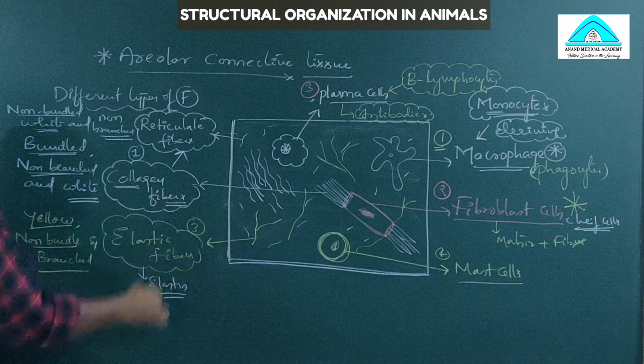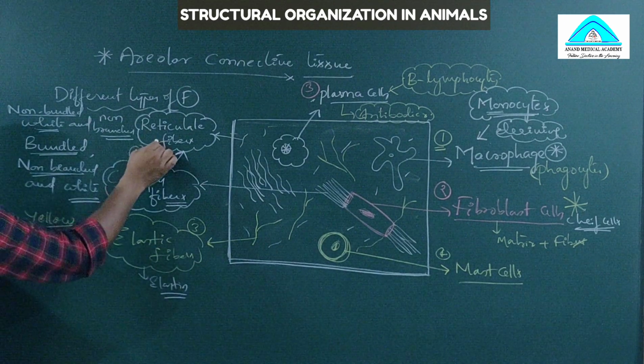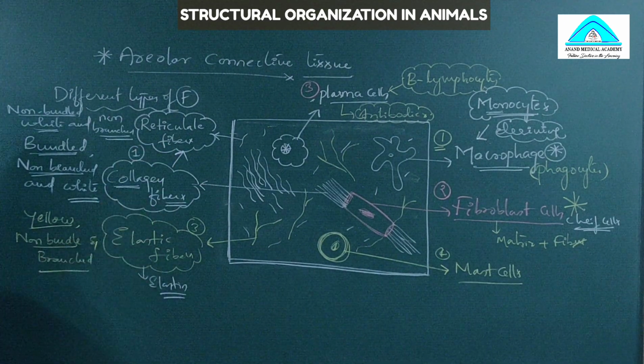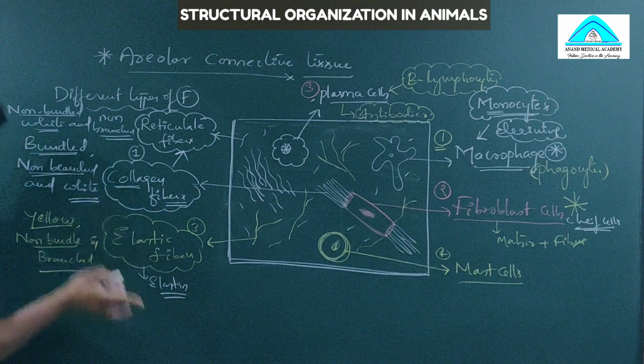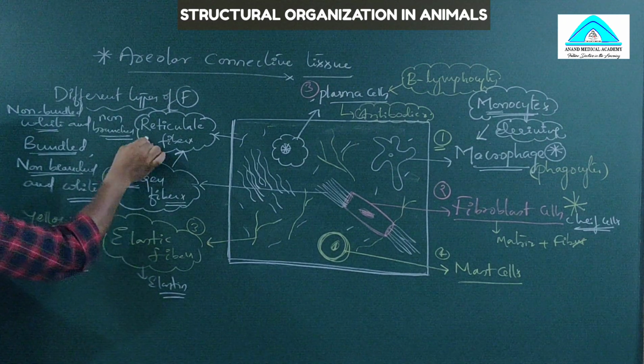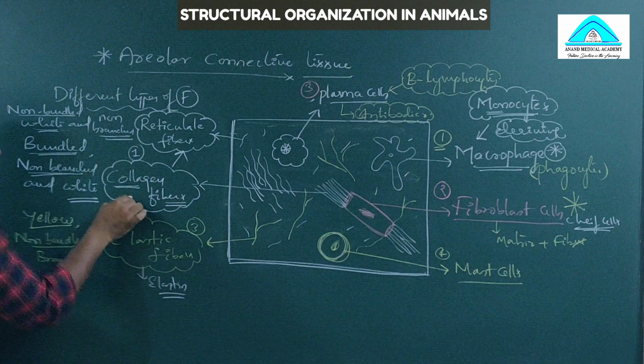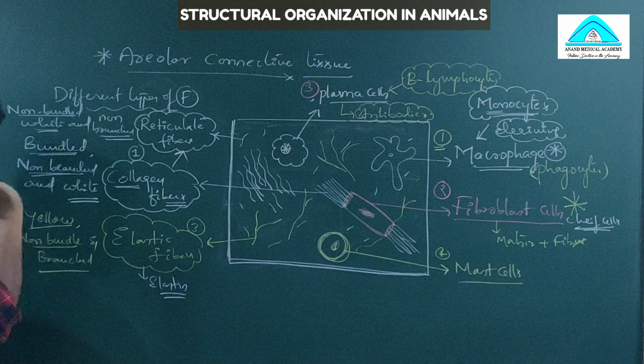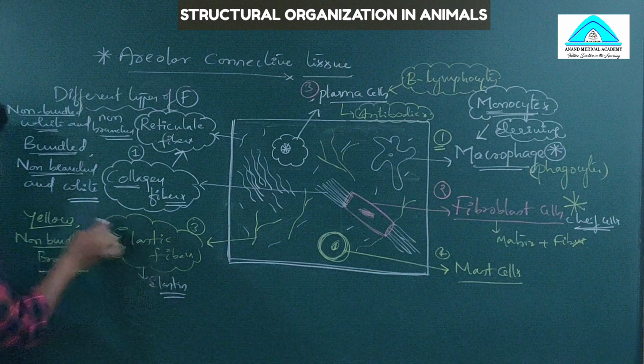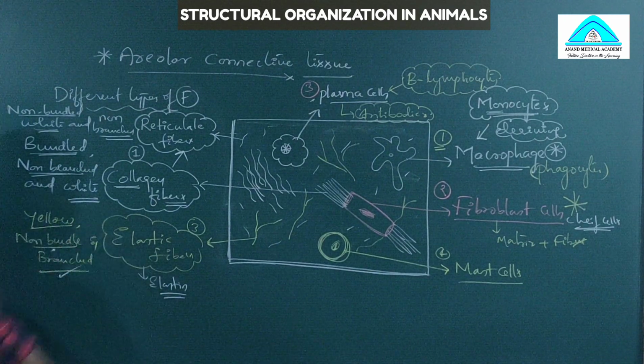So let us compare all the three. Reticulate fibers are white like collagen fibers, but elastic fibers are yellow. Reticulate fibers are non-bundled and non-branched, whereas collagen fibers are non-branched but bundled, whereas elastic fibers are branched but non-bundled.